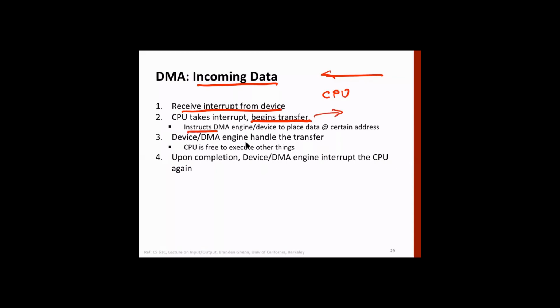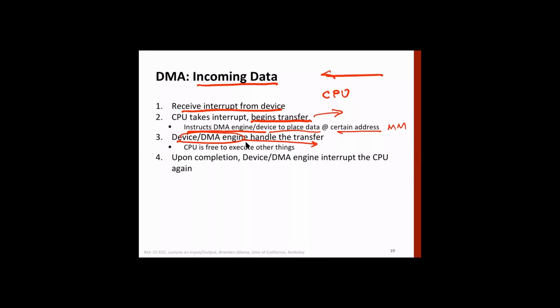It will tell the DMA controller with the device to place the data from the disk to a certain address in main memory. Okay, so the controller now takes over, does the transfer to main memory, and then the CPU of course is free during this time.